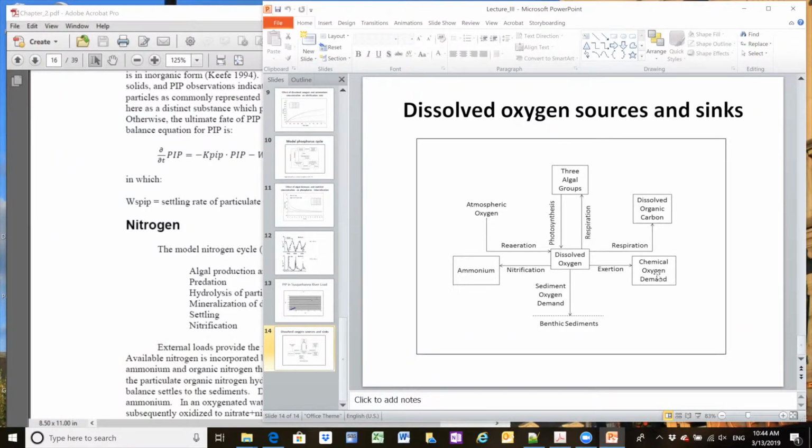And the big one in terms of oxygen demand is the sulfide. That goes from hydrogen sulfide to sulfate almost immediately in the presence of oxygen. Sediment oxygen demand consumes oxygen. That's at the benthic sediments. And as we talked about earlier, nitrification consumes oxygen.